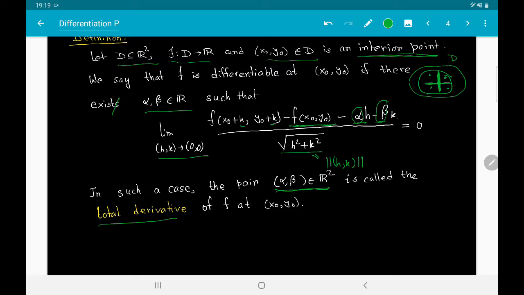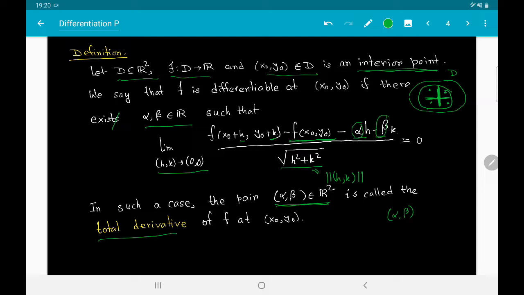To show that a function is not differentiable, what do we do? Do we check for all possible pairs of real numbers alpha and beta, and show that such a limit cannot be equal to 0? Well, this would be a very tough exercise if we really had to do this computation for all values of alpha and beta.